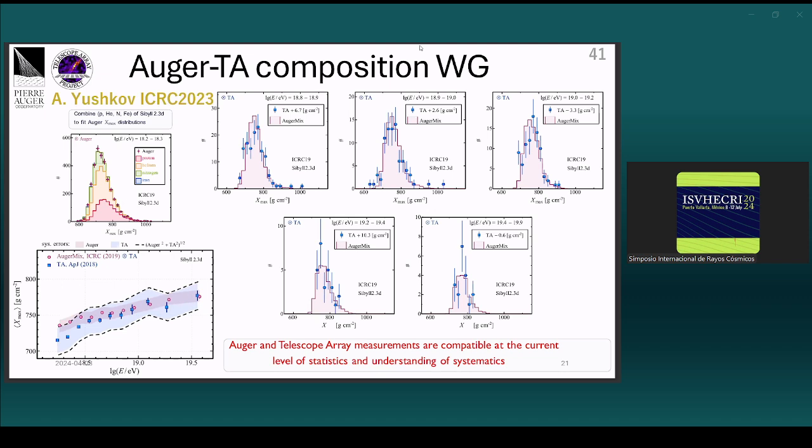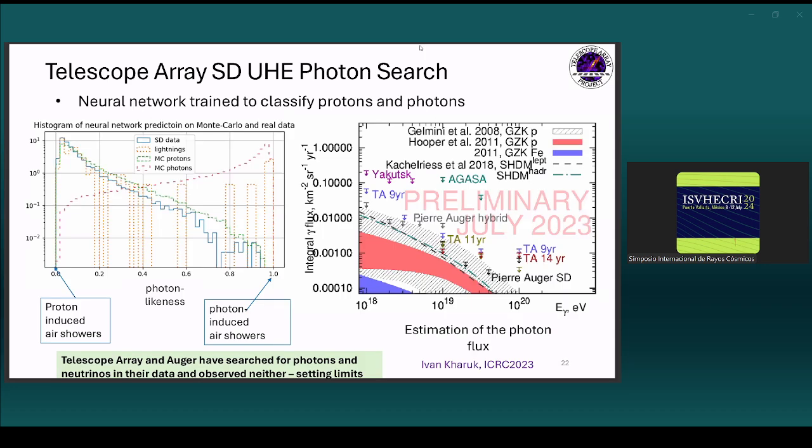And I'm still trying to figure that out. So Telescope Array and also Auger, we both looked for photons and neutrinos in the data. And so far, all we've been able to do is set limits and no photons or neutrinos found.